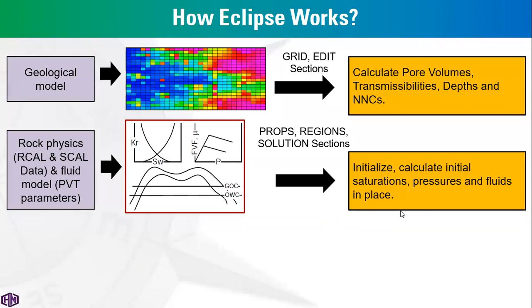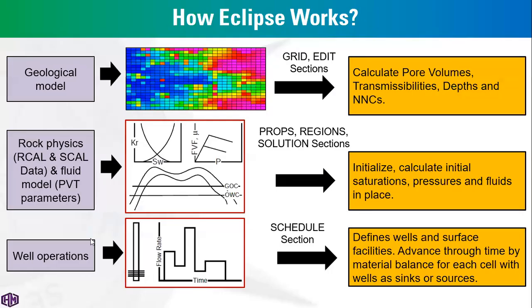The simulator will perform initialization to define initial pressures, saturations and in-place volumes. The well operations are a function of completion data and production data. This data will be available in the schedule section, so the simulator will define wells and surface facilities and define production constraints.